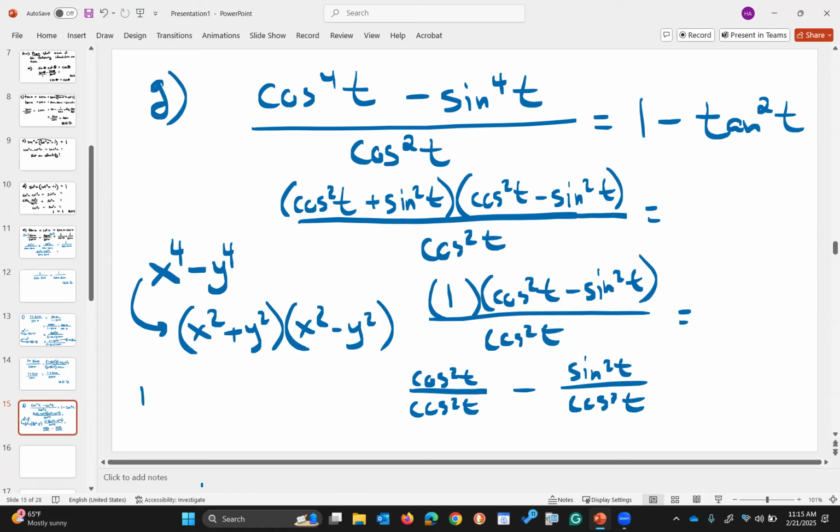If I have 1 plus 2 divided by 5, isn't that the same thing as 1 over 5 plus 2 over 5? And if that's the case, cosine squared over cosine squared is 1. And what's sine squared over cosine squared? Tangent squared. That is so cool.